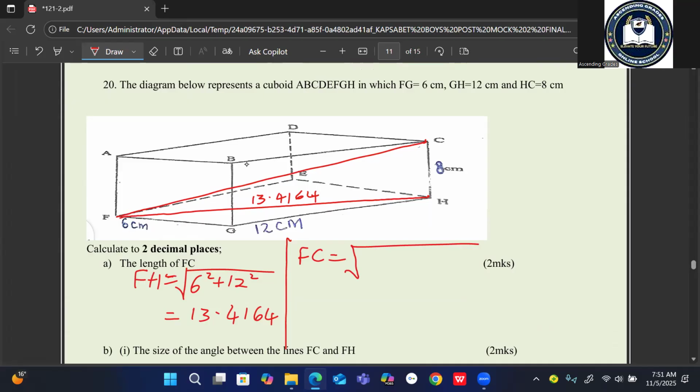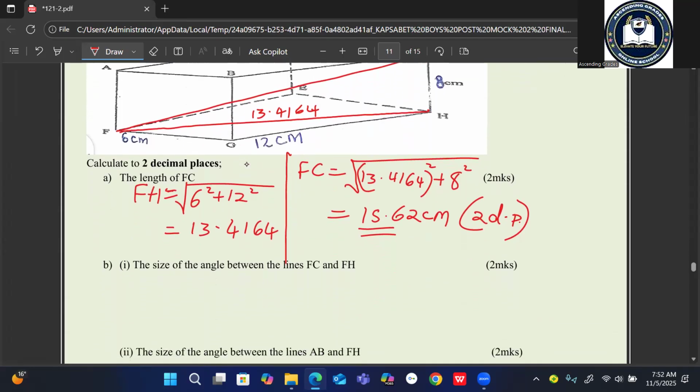So it will be 13.4164 squared plus 8 squared, which will give us 15.62. Then it is in centimeters. It is correct to 2 decimal places. So that was our length FC, 2 marks, 3 of them.